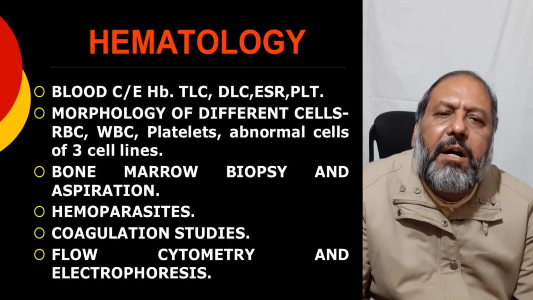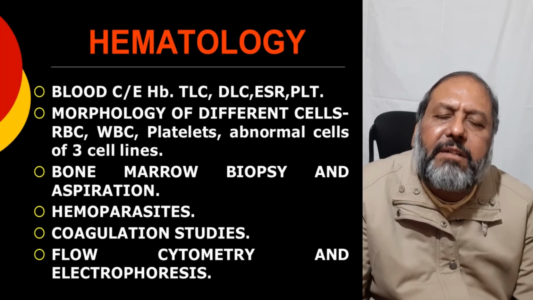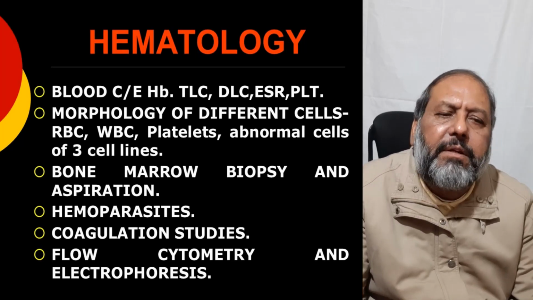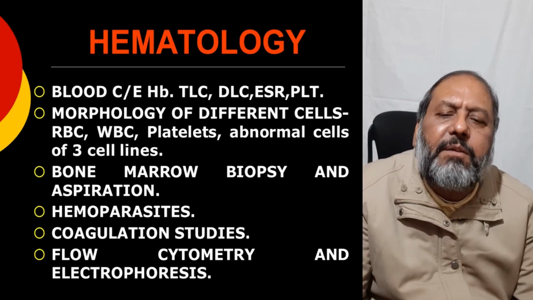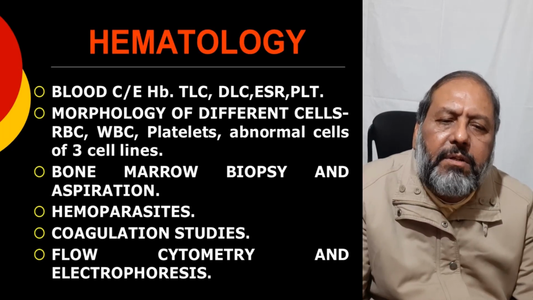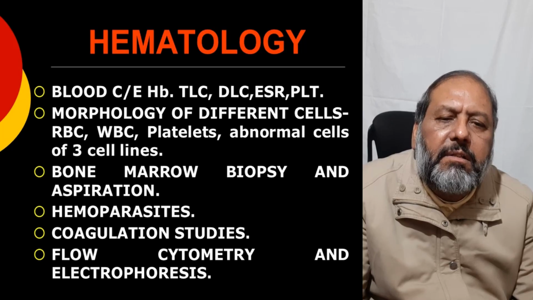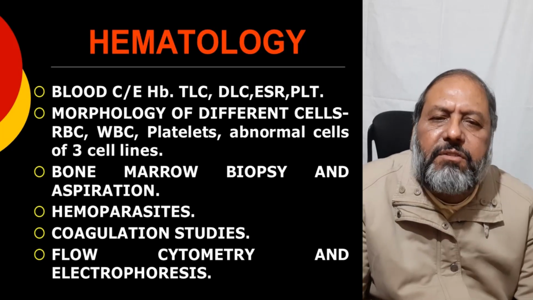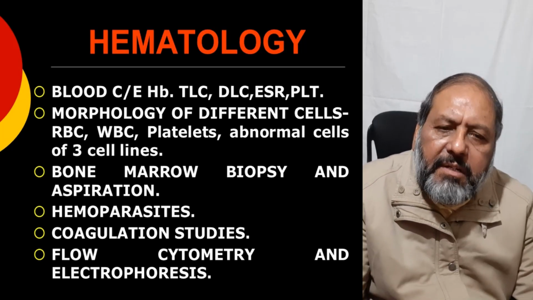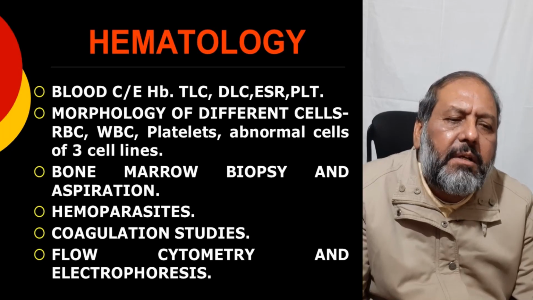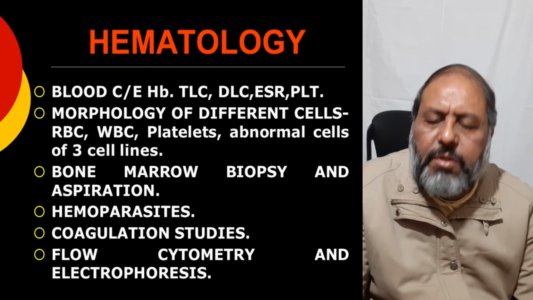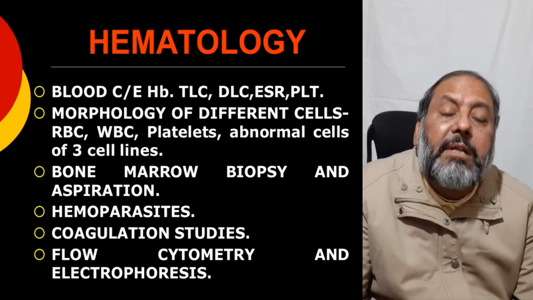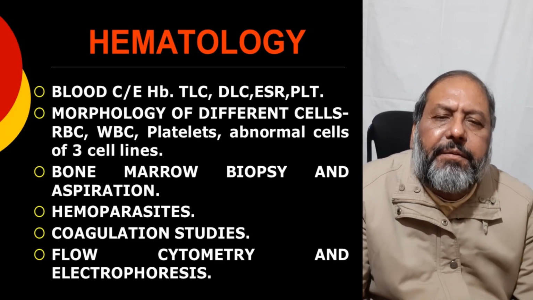Hematology is the branch which deals with the complete blood count, hemoglobin, TLC, DLC, ESR and platelets of the blood, and also tells the morphology of the different cells like RBCs, WBCs, platelets, and abnormal cells of the three cell lines, which are RBC, WBC and platelets.